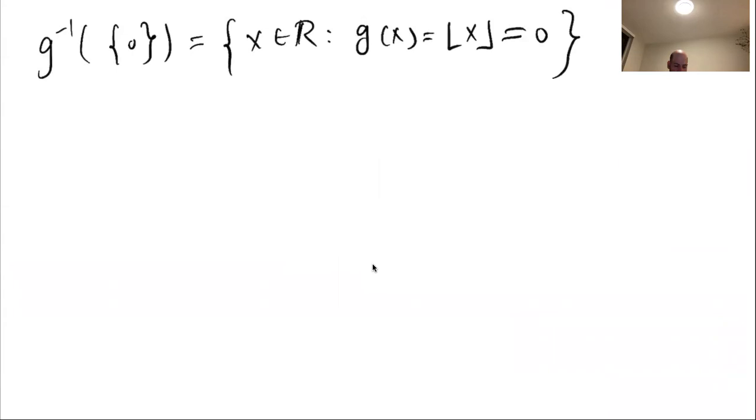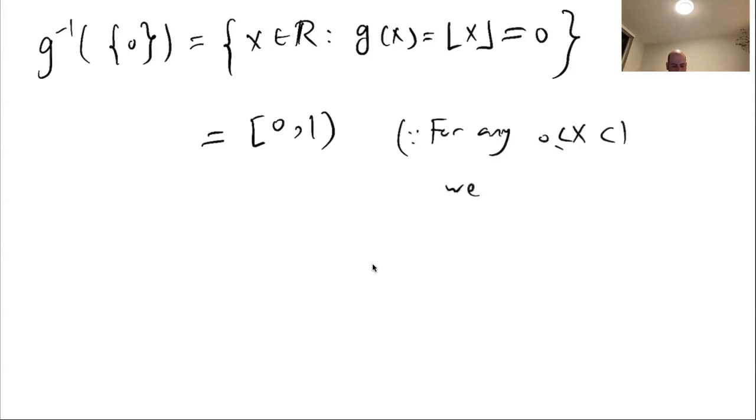So this is simply the elements from 0 up to 1, because for any x in that range, we have floor of x equals 0.